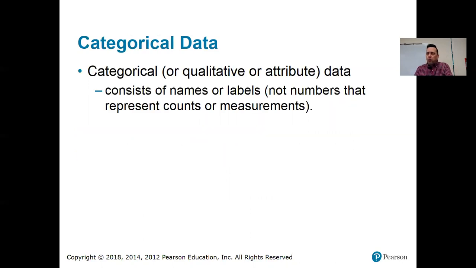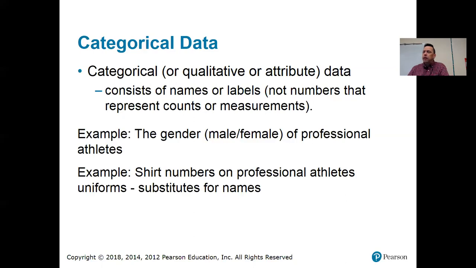Numbers on the back of sports jerseys are an example of categorical or qualitative data. So qualitative data are often words, just words, like male or female, but can be numbers as long as the numbers don't really mean anything mathematically.